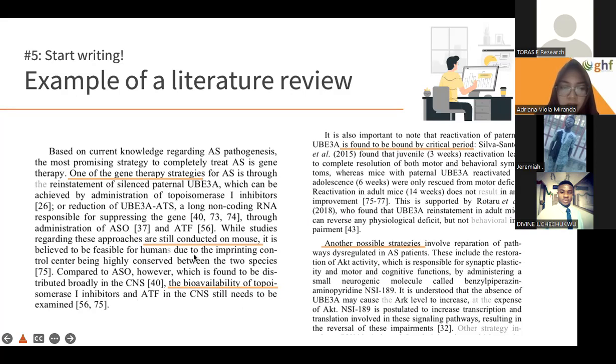But then we also critically analyze the strategies that are included. So for example, firstly, the studies are still only conducted in mice, and then there is information that the bioavailability of the gene therapy strategies is not really clear, especially in the CNS, because it has different physiology compared to other systems. Basically, these are the limitations that need to be thought through before the gene therapy strategy can be used in actual patients.